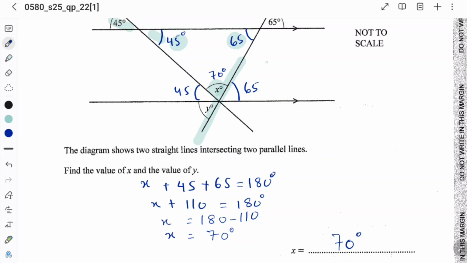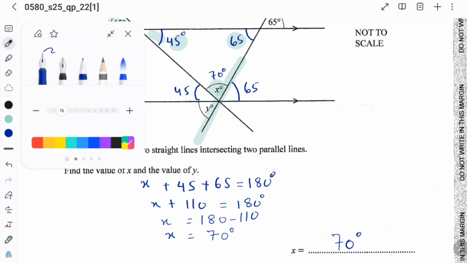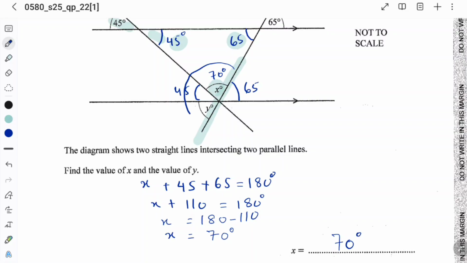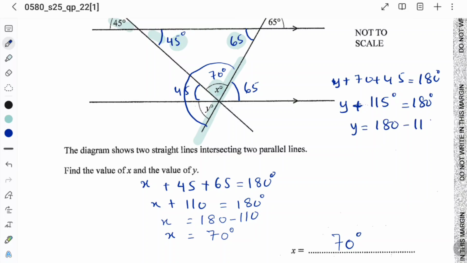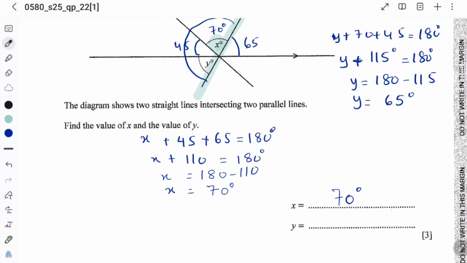So if I just take this much, then y plus 70 plus 45 makes 115 degrees, which equals 180 degrees, and y is equal to 180 minus 115, that is equal to 65 degrees.